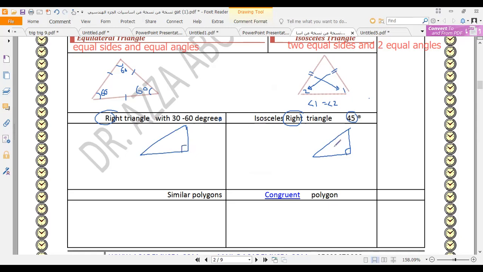What is the meaning of isosceles? It has two equal sides, so they must be the sides of the right angle. The other two acute angles have a sum equal to 90, so I have here 45, and here also 45.